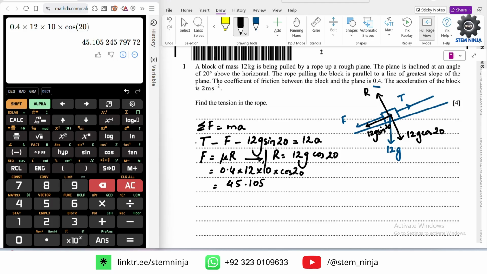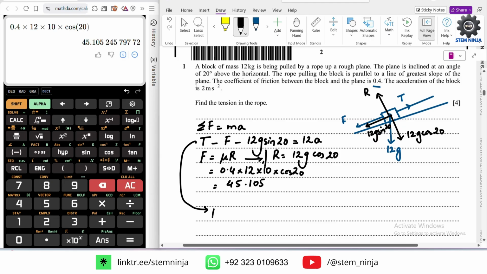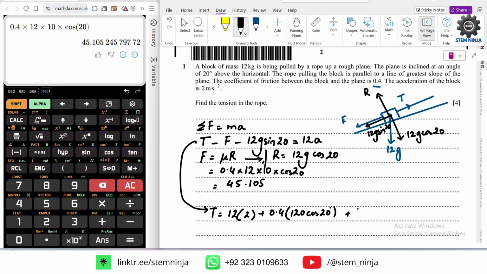Right, okay. Now we make T the subject. You have 12 times acceleration, which is times 2, plus friction, which is 0.4 times 120 cos 20 degrees, and plus 120 sin 20 degrees.